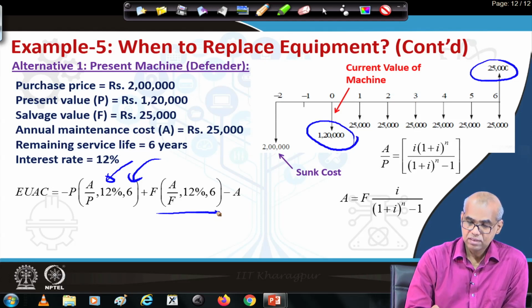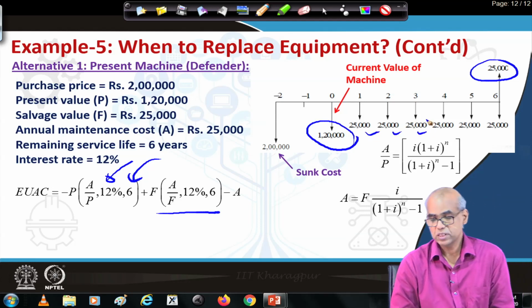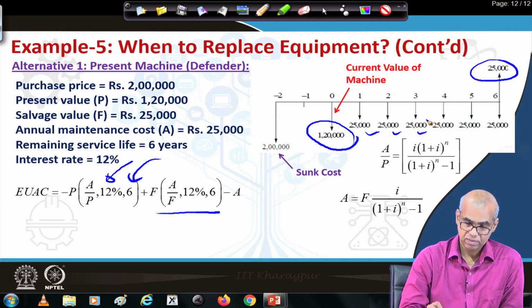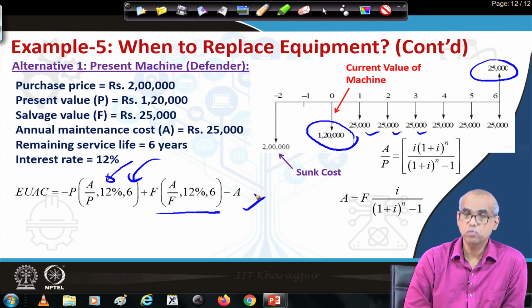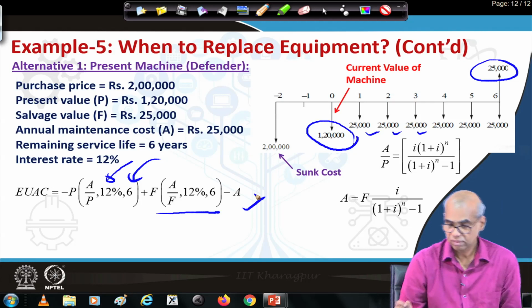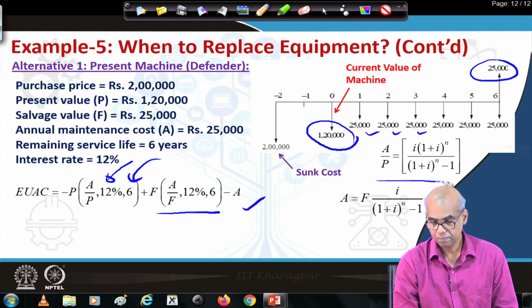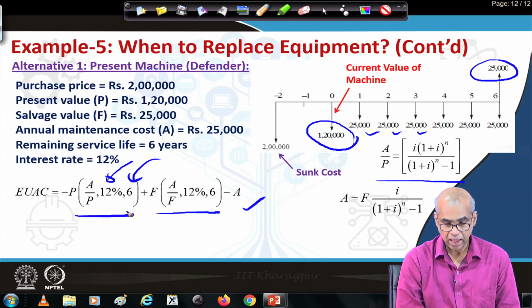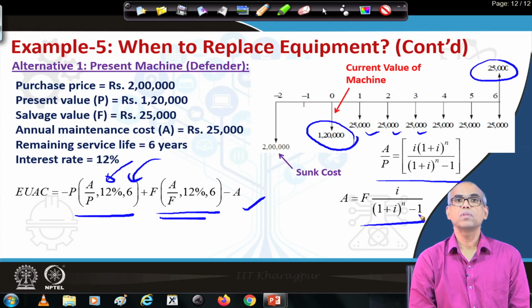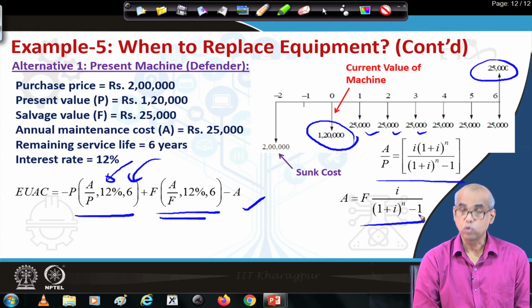And then we have the already specified annual cost of 25,000 every year, so a negative cash flow of 25,000 every year. So, we will require A by P and A by F factors, which can be computed from the formulas given.